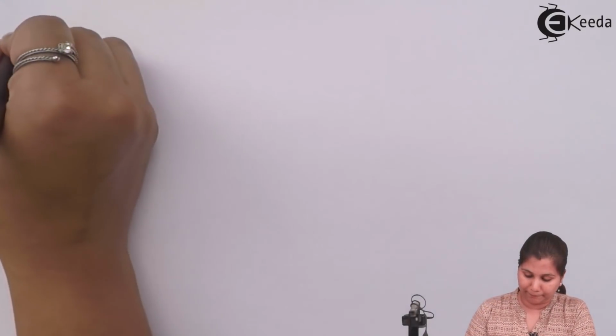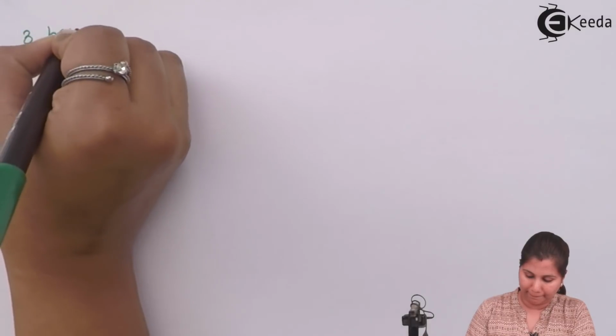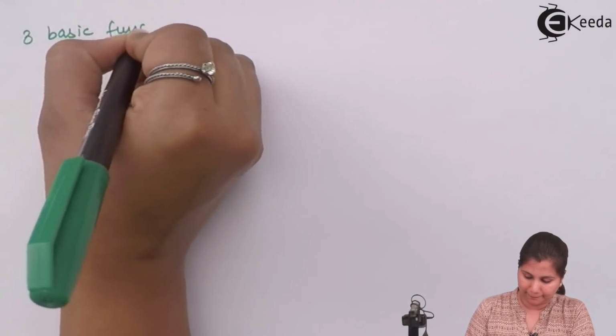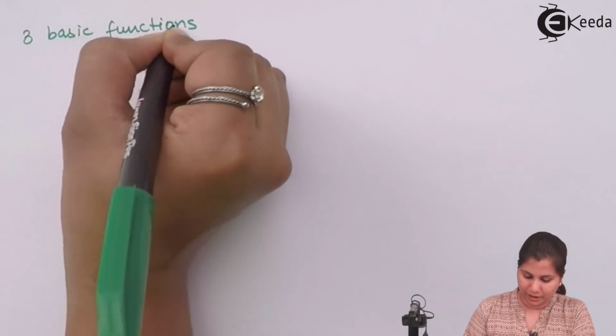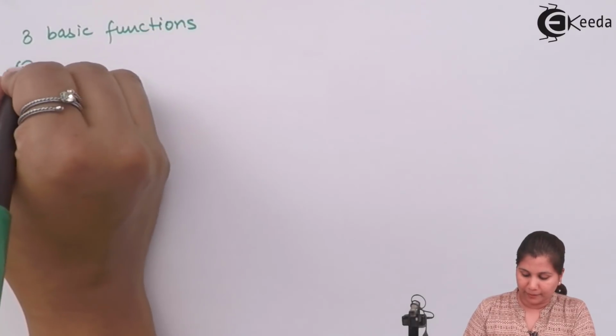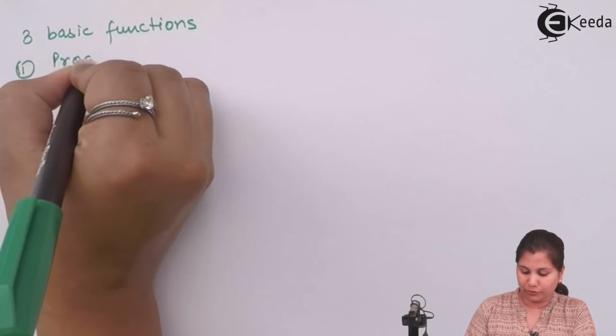So we can say that the data bus buffer has 3 basic functions. The first function is programming the modes of 8253.